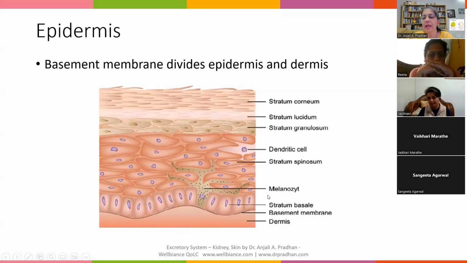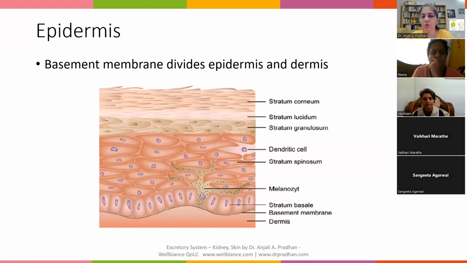Here is the melanocyte. Melanocyte which is present here in the stratum basale and some part is present in the stratum spinosum also. So यहाँ के जो सेल है इसको blood supply है and that is why they can generate new cells.